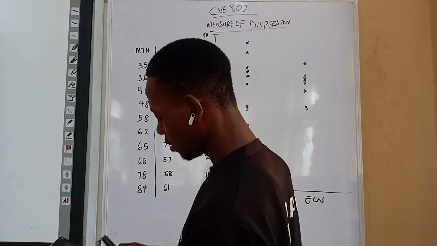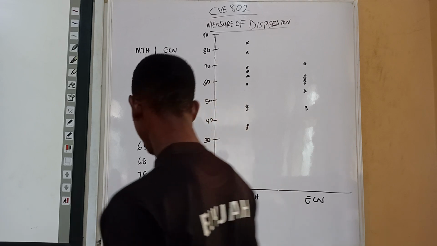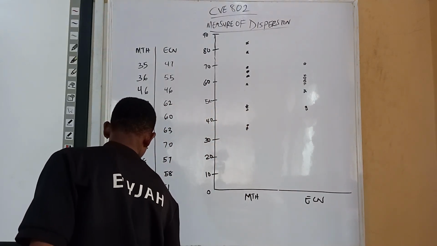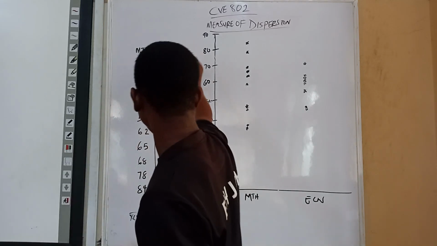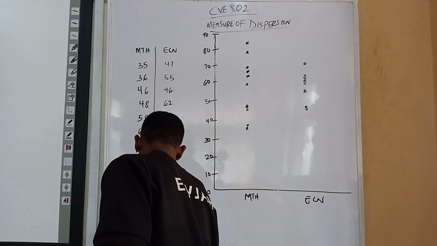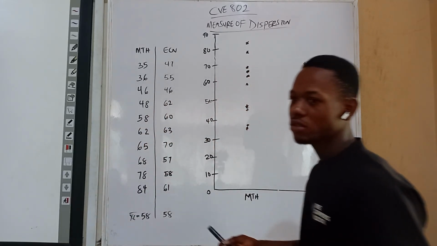That's 580 divided by 10, so the mean is 58. X bar for this one equals 58, and if you do X bar for the other one, it's still 58, but their dispersion is different.